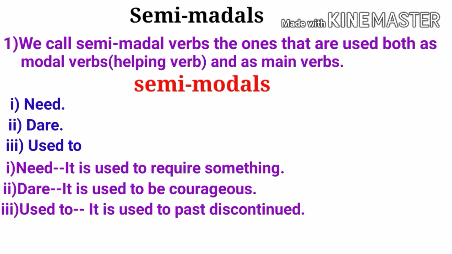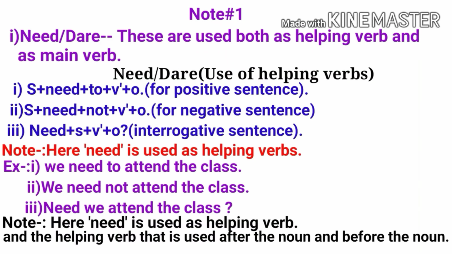So here is the next page of this video. Welcome students. Note number 1. Let's see the uses of need and dare. Need and dare are words that are used both as a helping verb and as a main verb. Let's see need and dare used as a helping verb.